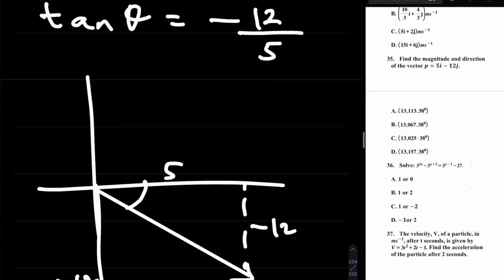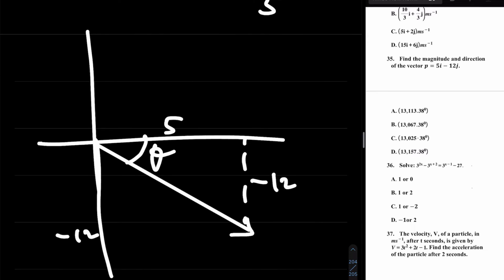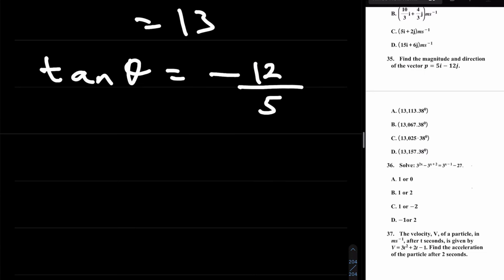So the direction is going to be theta, and tan theta equals minus 12 over 5. And that means theta equals tan inverse of minus 12 over 5. The negative sign is only to show that it is in the negative direction.